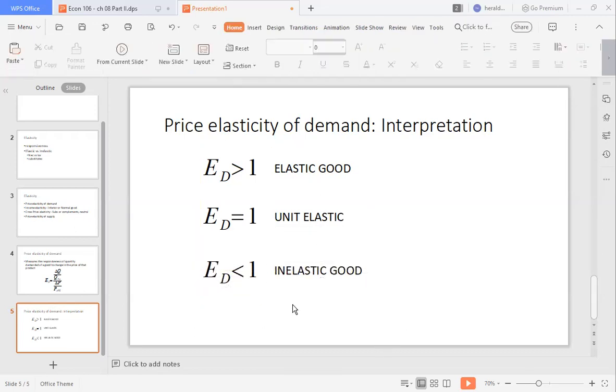Anyone who would like to provide examples of goods that are considered inelastic? These are goods that consumers are not really that responsive to. Anyone?